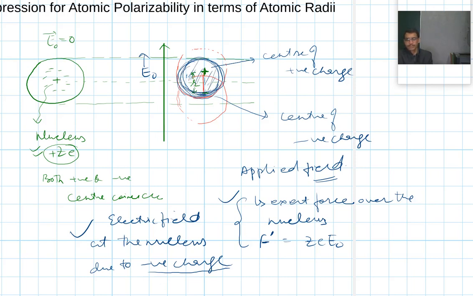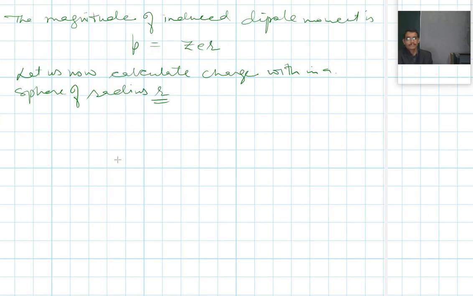So let me go back again here. So let rho be the volume charge density, and R the radius.